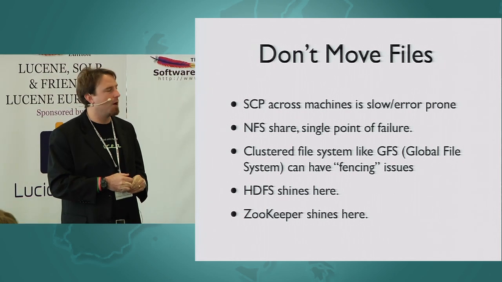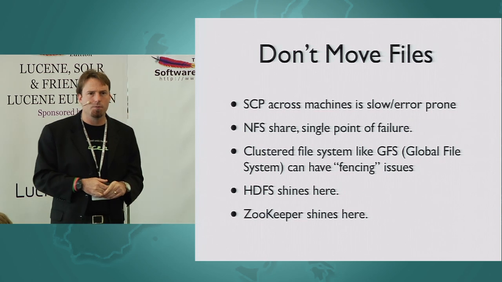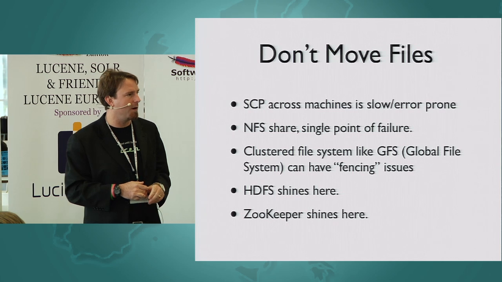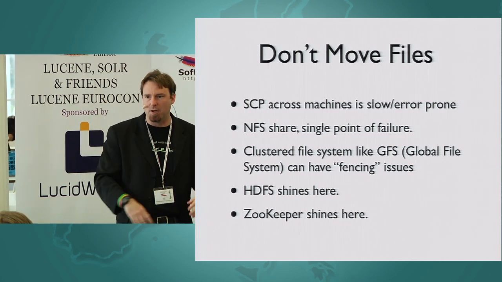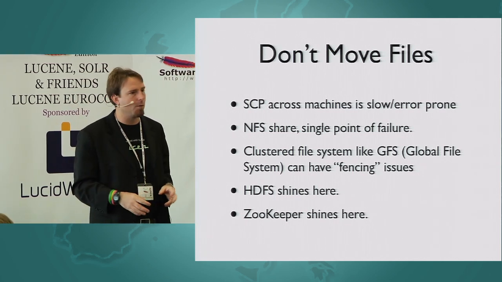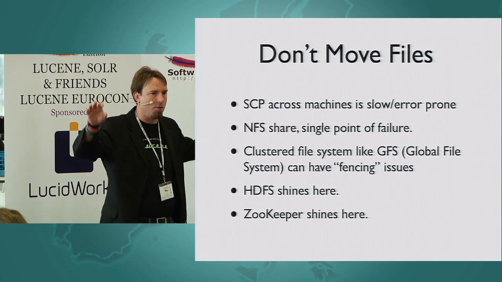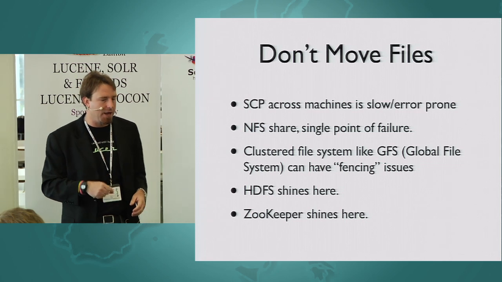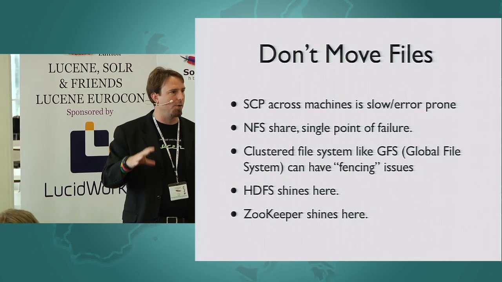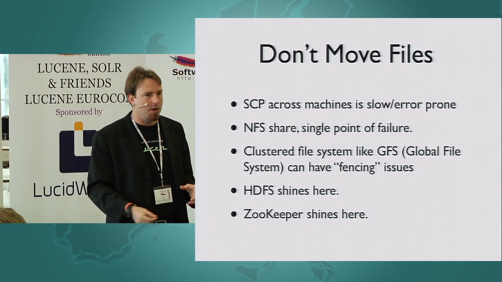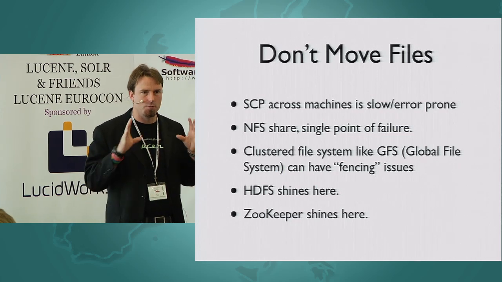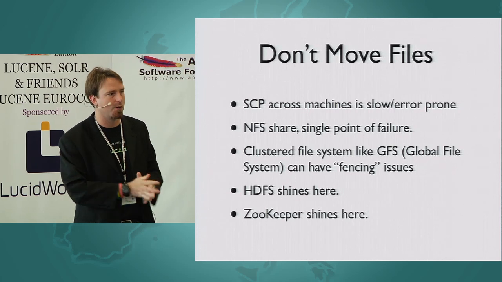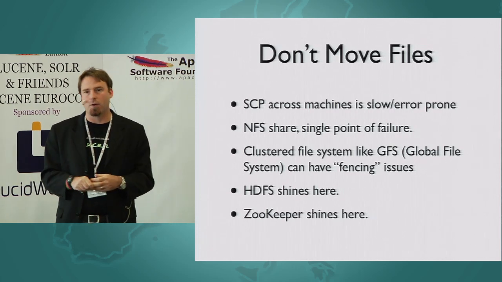We played around with a global file system, some clustered file systems, and they were awesome from the standpoint of you just had this single big bucket a la Amazon S3 or whatever that's globally available to all the boxes. But we had problems with if one of the boxes connected to this global file system started having problems, it would have what they called fencing, which would fence off, so nothing could change the underlying files until everything got sorted out. So tried a number of different approaches.